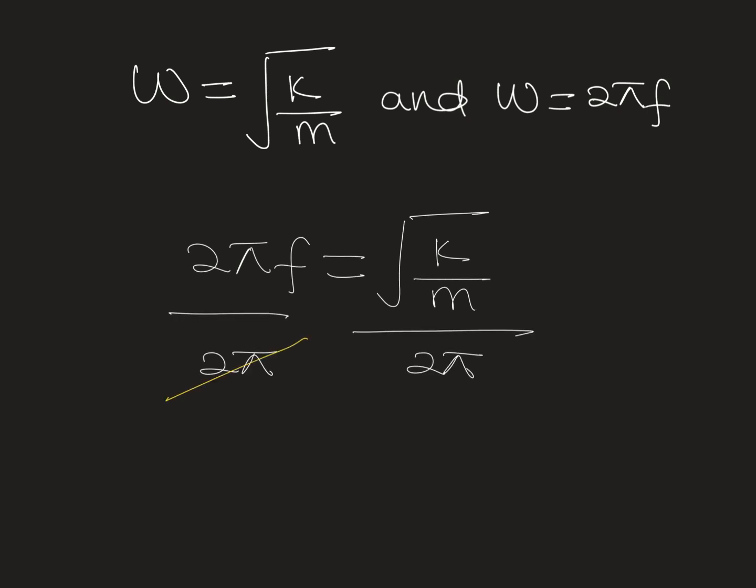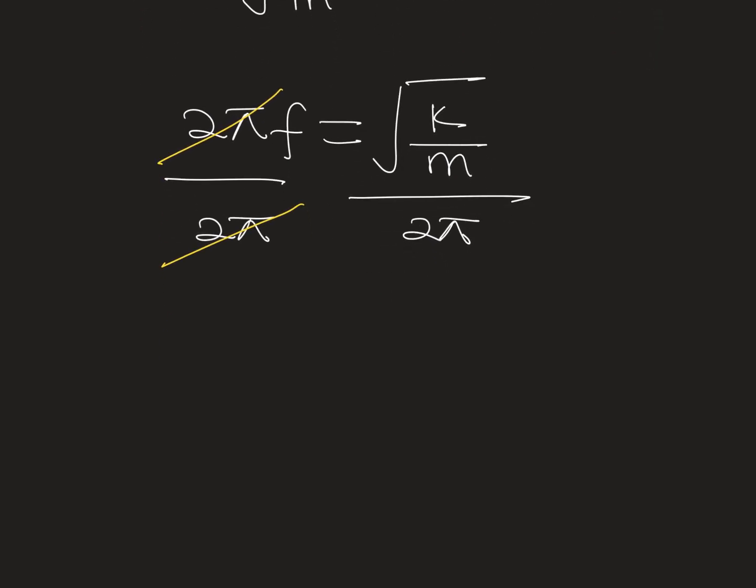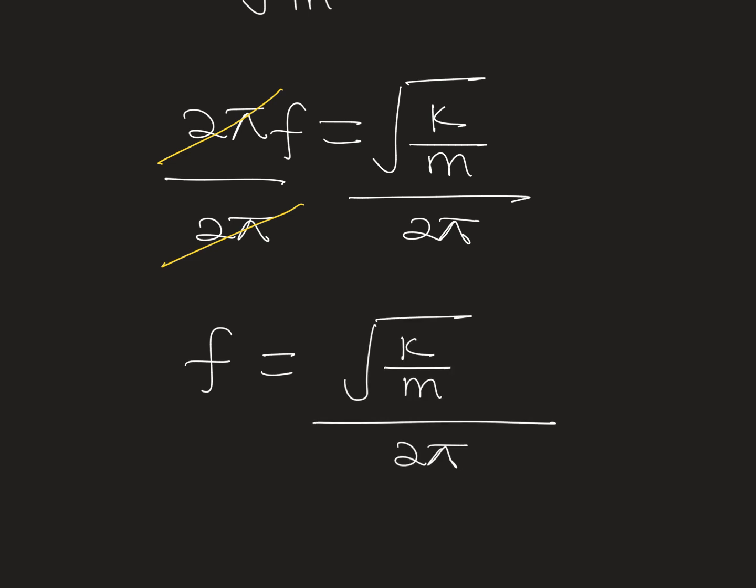Okay, so this will cancel this. So therefore, F is equal to the square root of K all over M all over 2 pi.